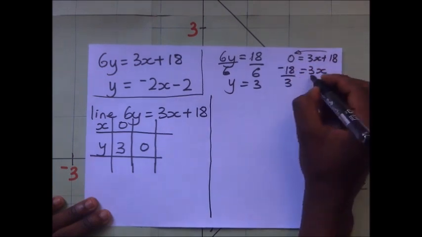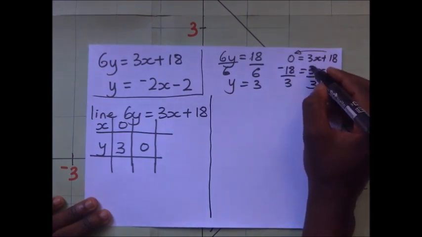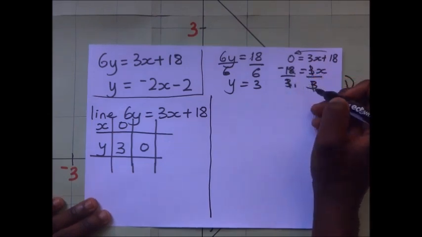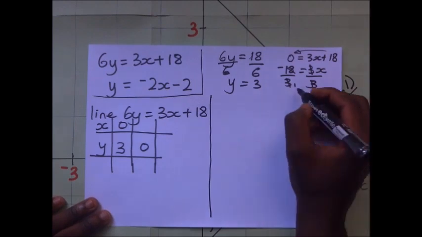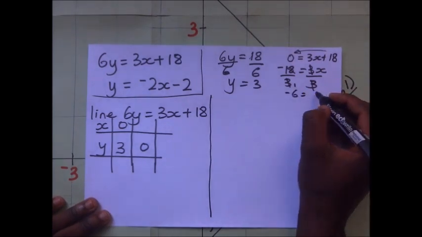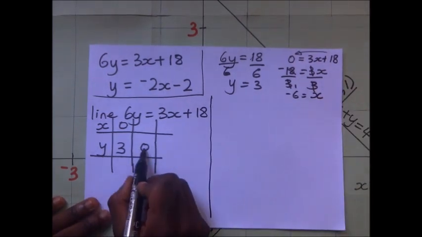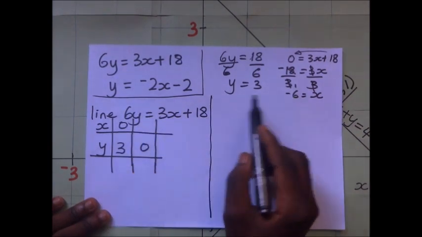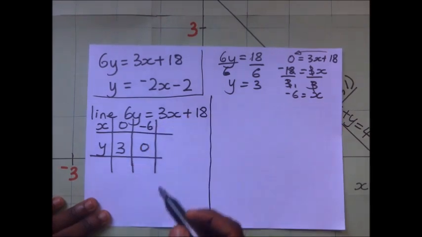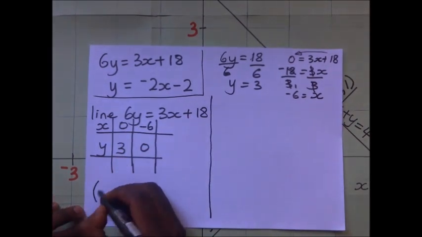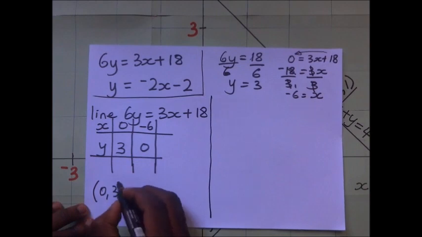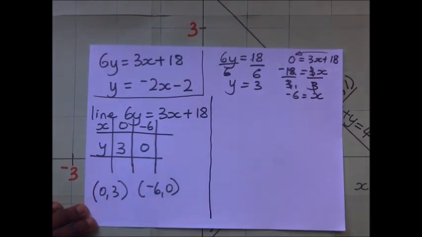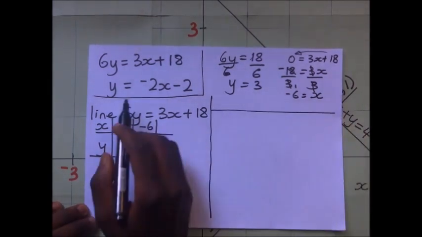When you divide both sides by 3, 18 divided by 3 we get 6, so negative 6. So this becomes x is equal to negative 6. So it means that when our value of y is 0, our value of x in this equation is going to be negative 6. So our coordinates here are (0, 3) and (negative 6, 0). So that is this line.